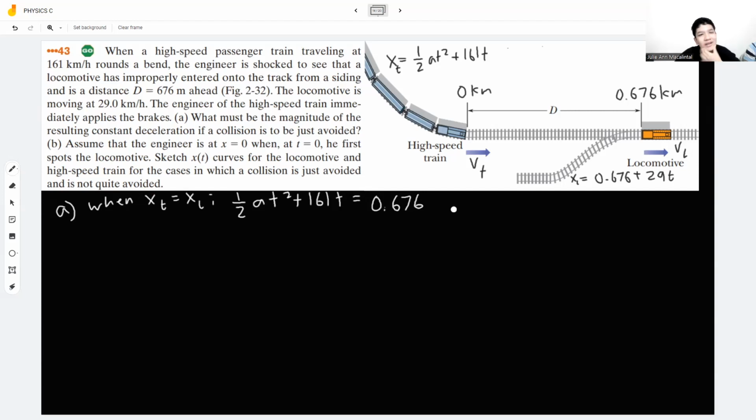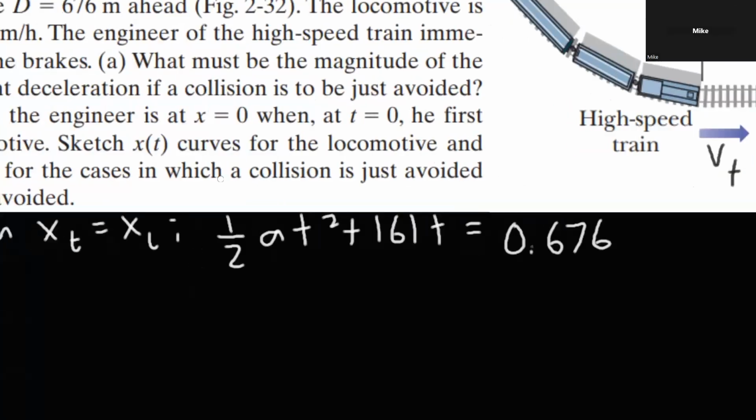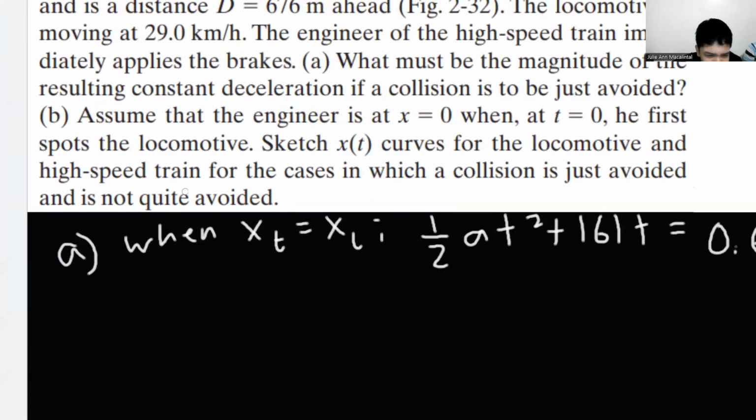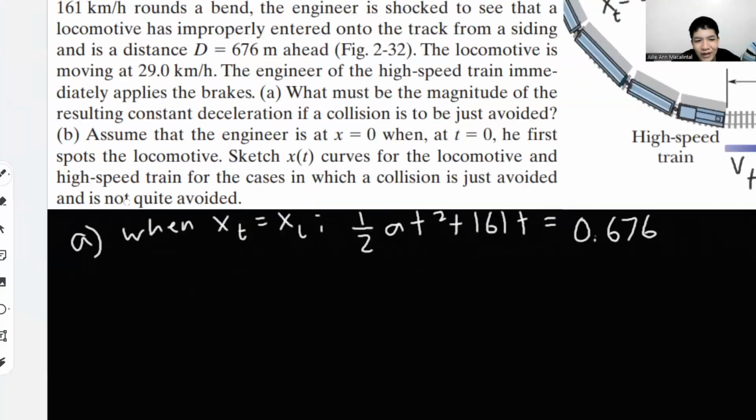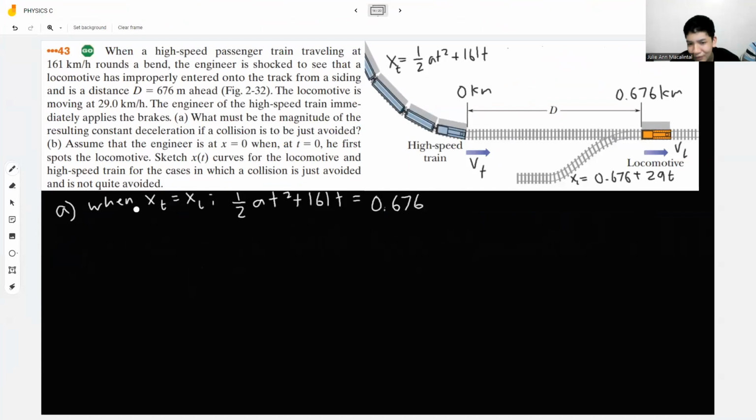So when the discriminant is such that there's one solution, maybe that's what it means by not quite avoided. It's the moment when it reaches one solution, when the discriminant becomes zero.